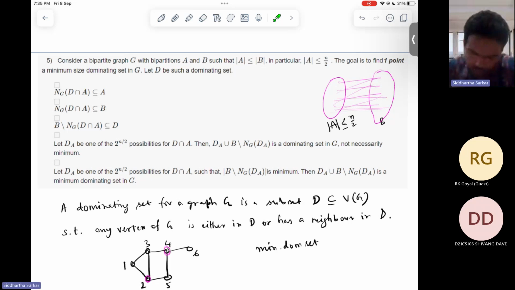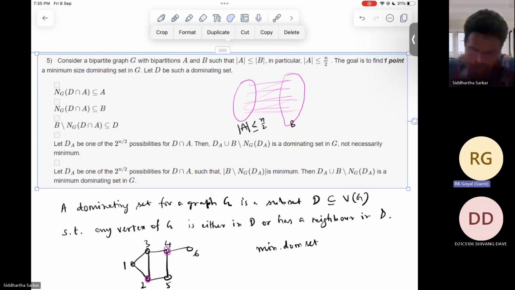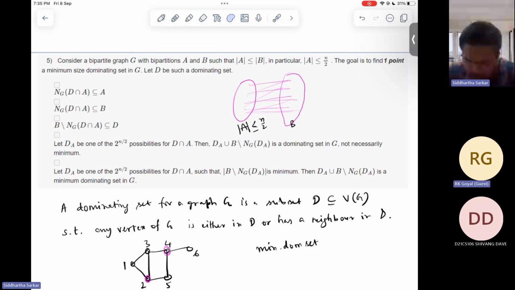So we have a dominating set D. Maybe some of the vertices of the dominating set are in A and some are in B, or maybe all of them are in A, or the other way around.